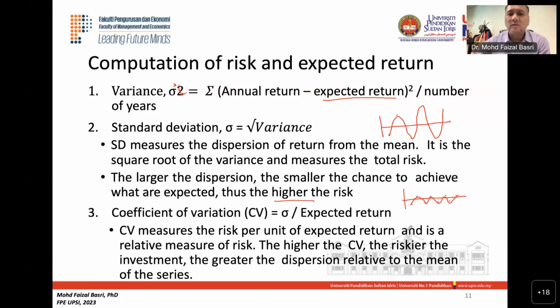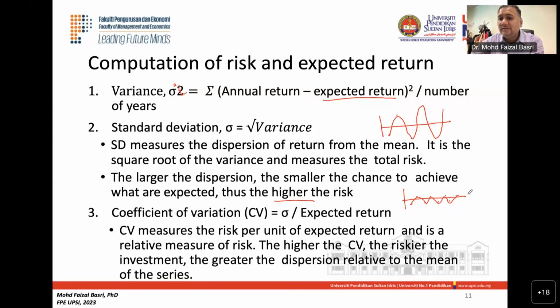And when we talk about lower dispersion, it indicates a lower risk kind of investment, because we know that the expected returns will be within plus minus lower margins. So the chances to get your expected return are high because it fluctuates around the mean.